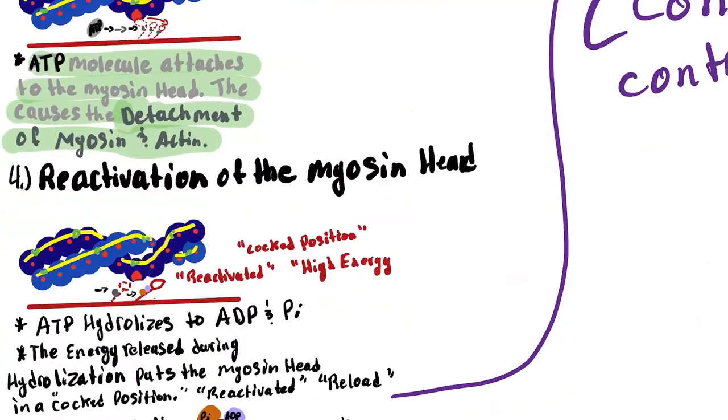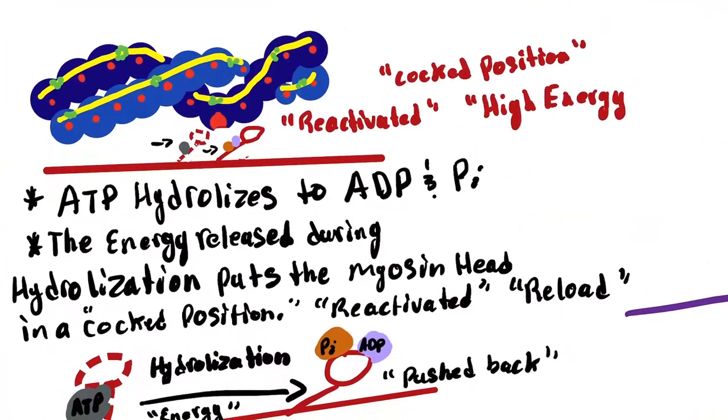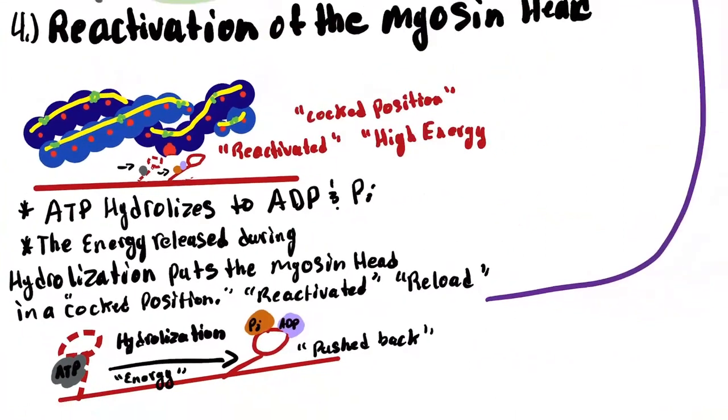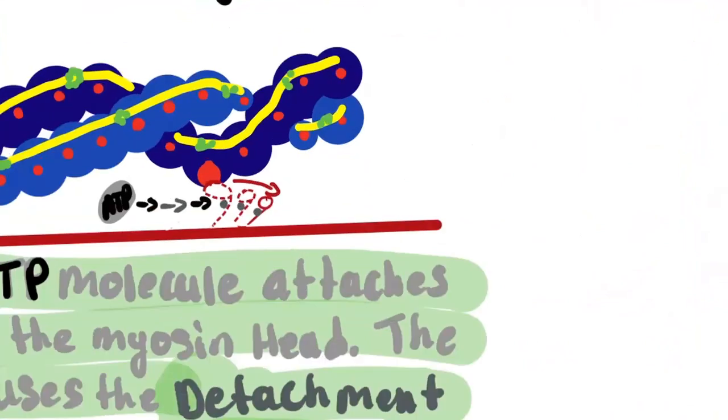And then fourth and last step of the cross bridge formation is the reactivation of the myosin head. And you can think about this step as like reloading. That's the way I think about it. It's being reactivated into that high energy state.